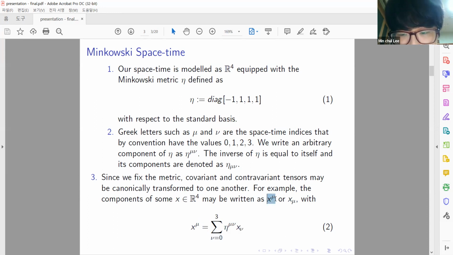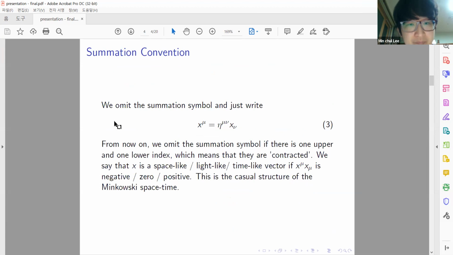In fact, this x mu belongs to R4, and this x mu with subscript mu belongs to the dual of R4, which is isomorphic to R4 in fact. So they are related by the metric, and the metric canonically identifies them. And here comes the very important convention of quantum field theory. That is the Einstein summation convention.